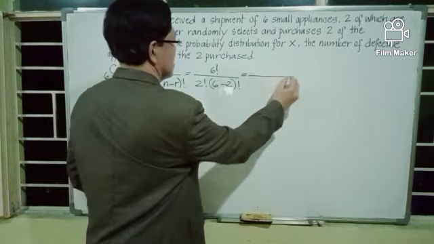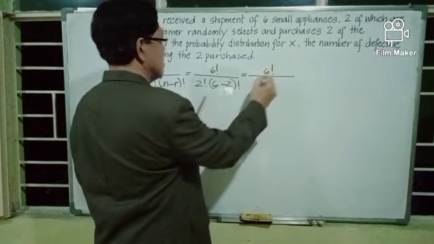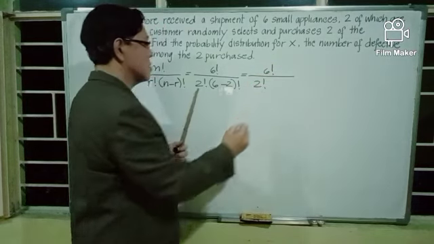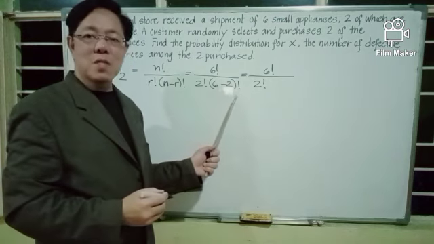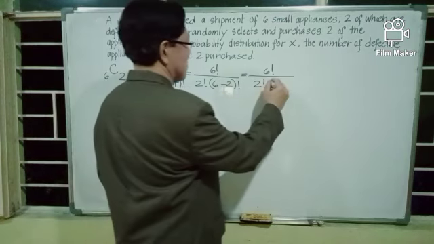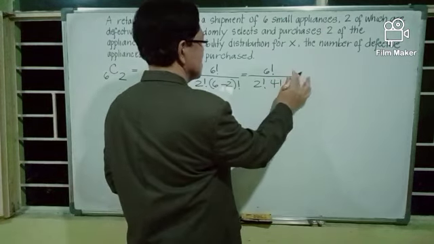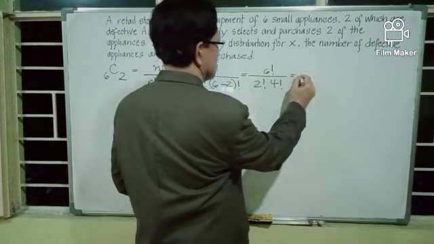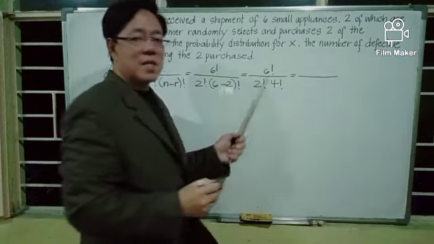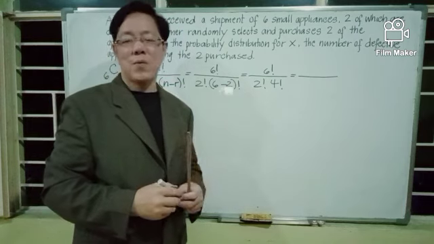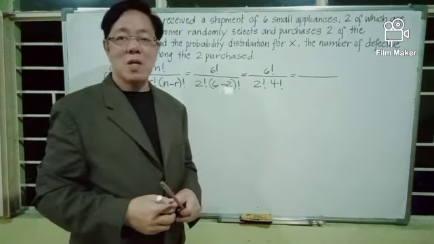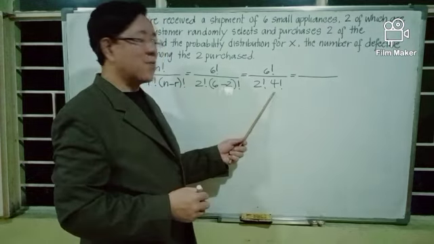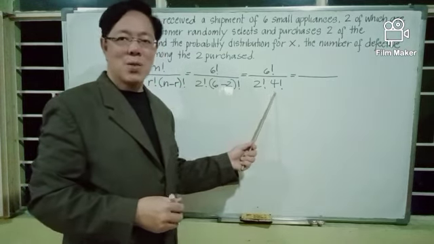The numerator is 6 factorial, divided by 2 factorial multiplied by 6 minus 2 factorial. 6 minus 2 is 4 factorial. And we write the expansion of 6 factorial up to 4 factorial, and we stop at 4 factorial because it will cancel out with the 4 factorial in the denominator.